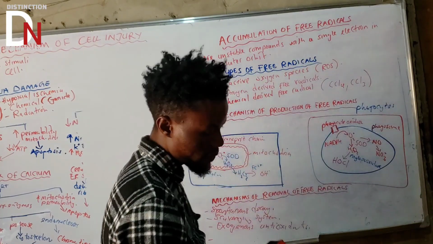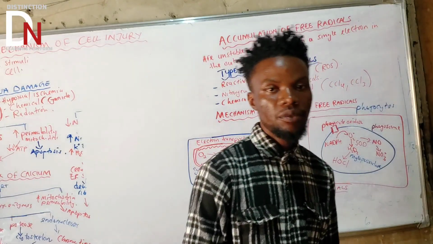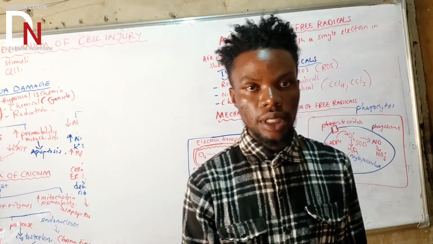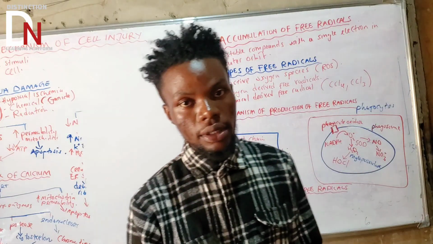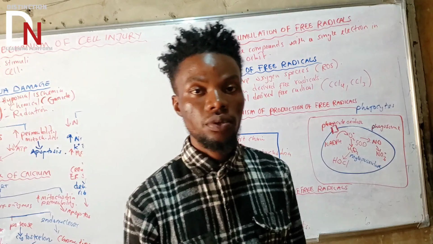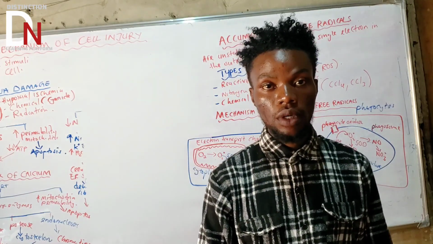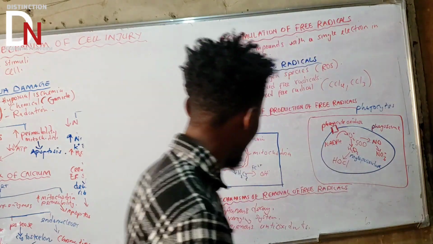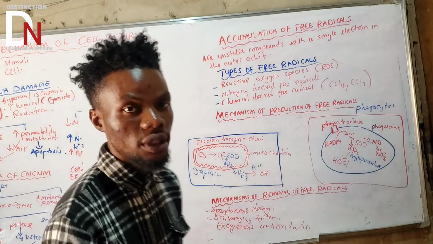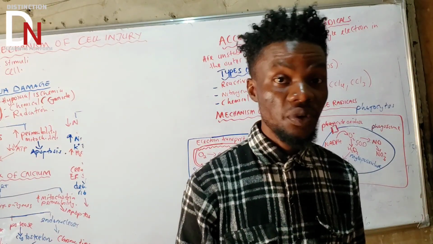So there are also some substances that help to remove the free radicals that do not come from within the cells, but come from outside. What are those? Certain vitamins like vitamin A, vitamin E, ascorbic acid. Those are also important in the removal of free radicals. Those are exogenous antioxidants. There are also endogenous antioxidants as well.